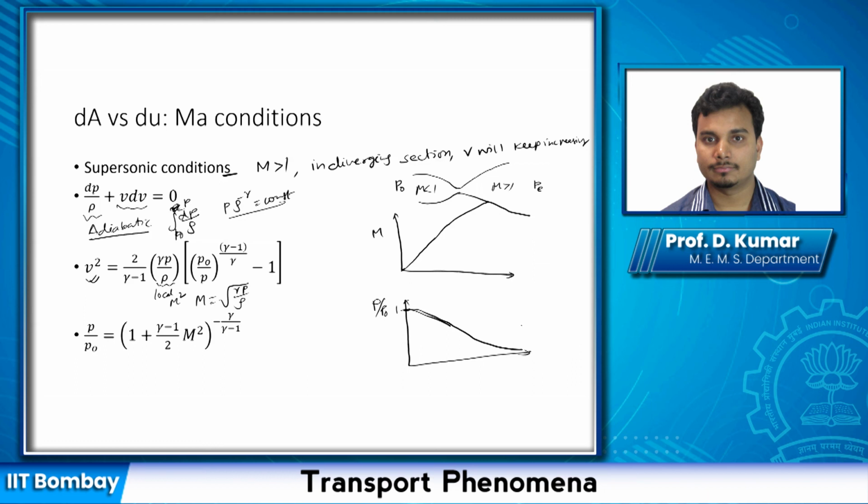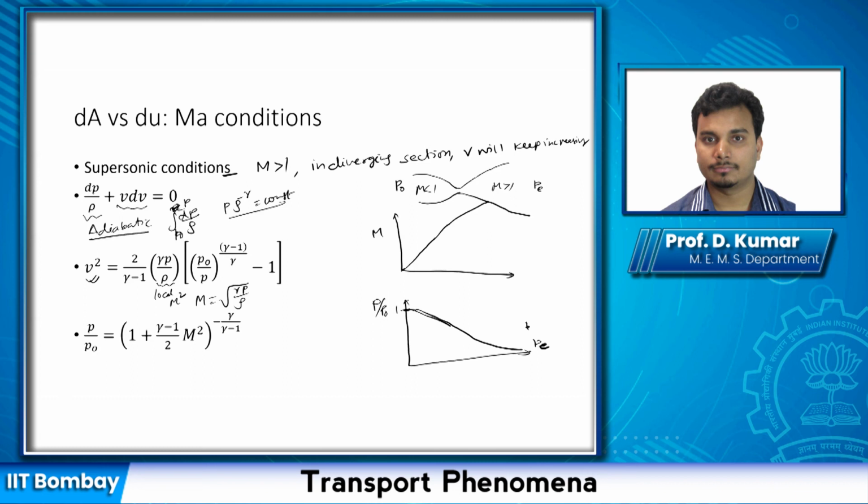However, sometimes if you maintain this exit pressure, this is what the question says. If your Mach number is less than 1 here and greater than 1 there, then the pressure variation should be like this. But the exit pressure may not be the same.